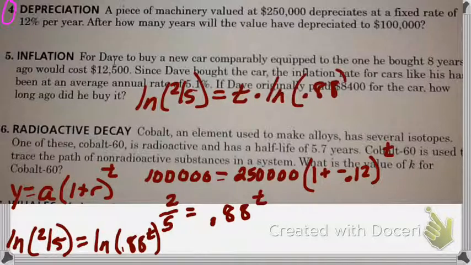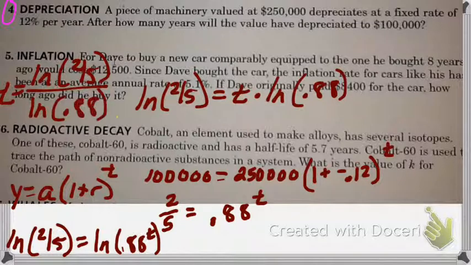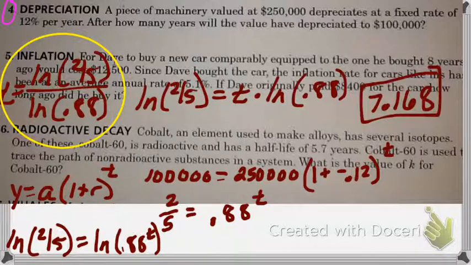The calculation I'm going to make on my calculator is the natural log of 2/5, or 0.4, divided by the natural log of 0.88, which is roughly 7.168 years to go from 250,000 to 100,000.